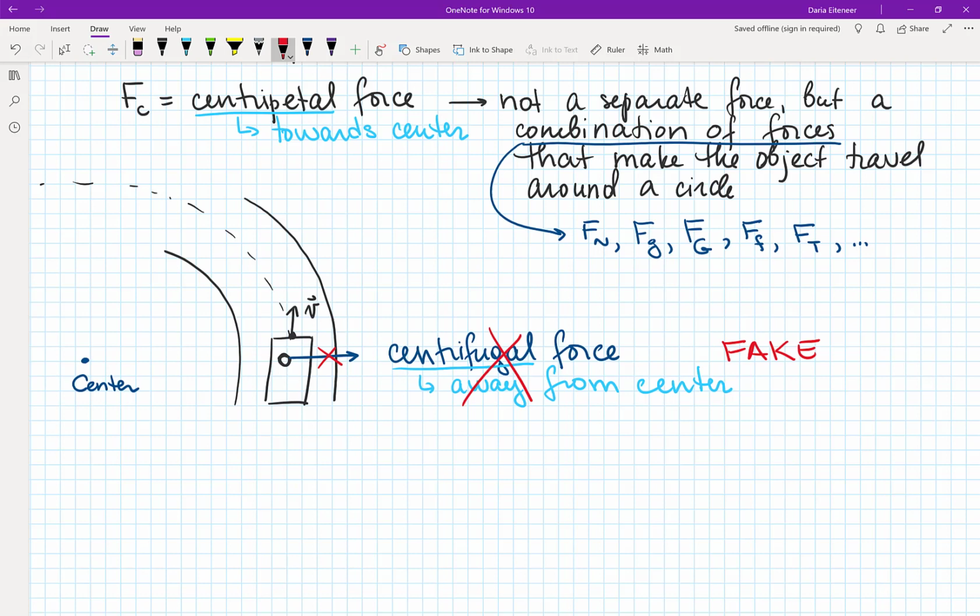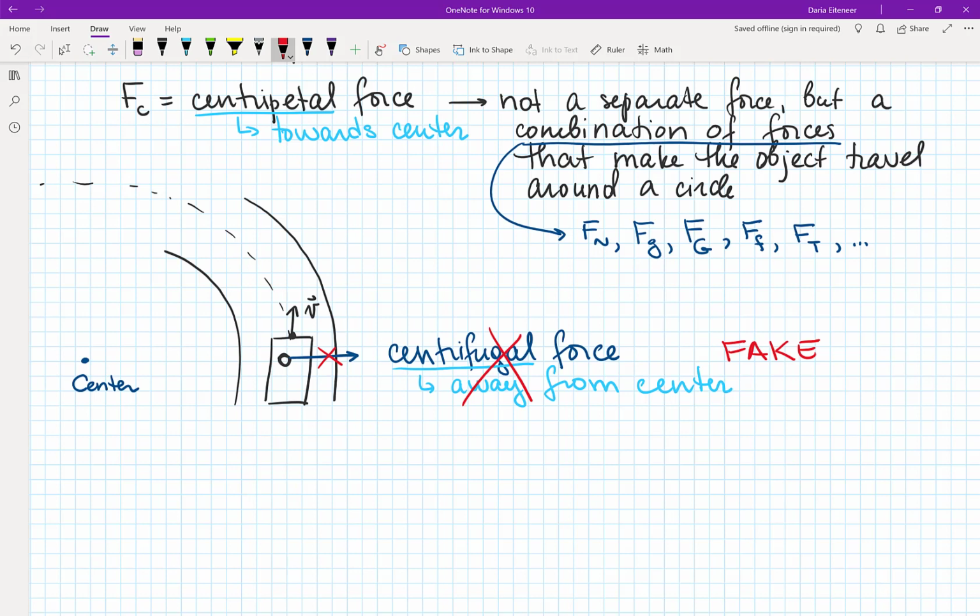We know that no matter what kind of forces we're talking about, forces are always exerted by something, right? By an external agent of some kind. So imagine yourself sitting in the car. So you're sitting in the car seat, your feet are on the floor or maybe on the gas pedal, right? You're holding onto the steering wheel. You're wearing a seat belt because you're always supposed to wear a seat belt, right? So all of that is going on. So all of those objects that are touching your body, they are still touching your body in exactly the same way as the car is turning.